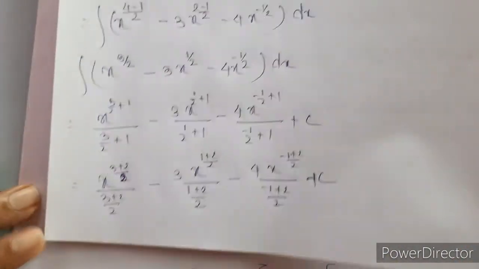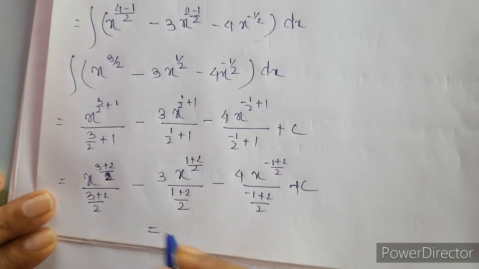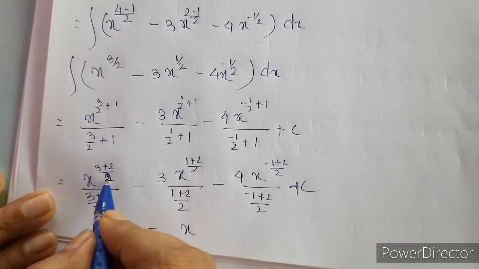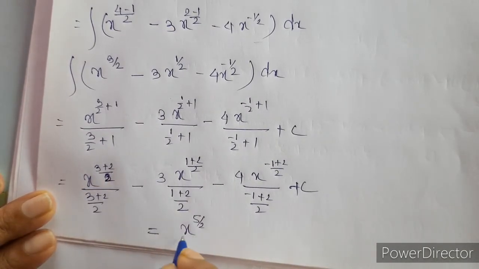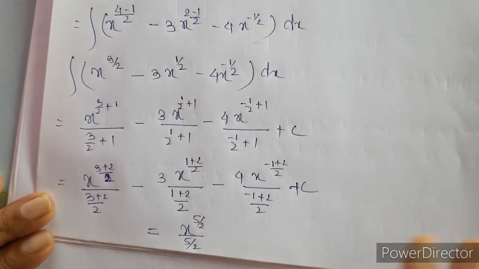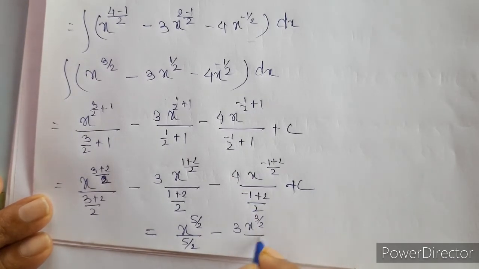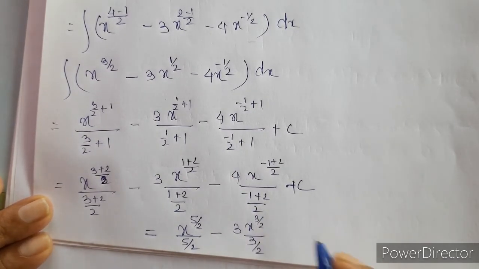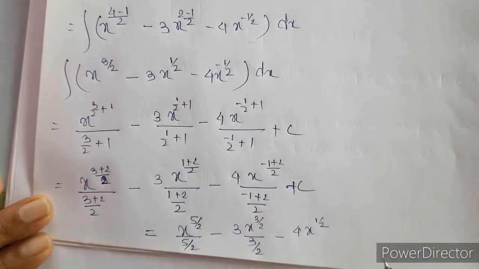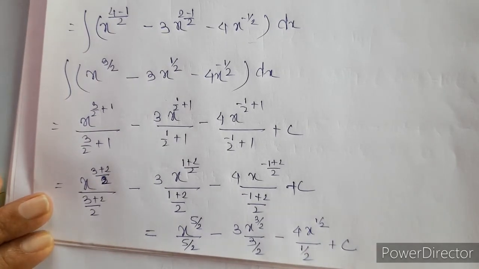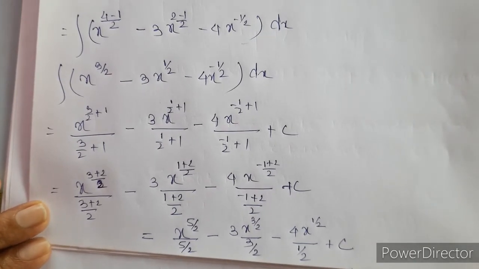Further we can write this as x raised to power 5 by 2 by 5 by 2 minus 3 x raised to power 3 by 2 by 3 by 2 minus 4 times x raised to power 1 by 2 by 1 by 2 plus c. So this is the integral of the given function.